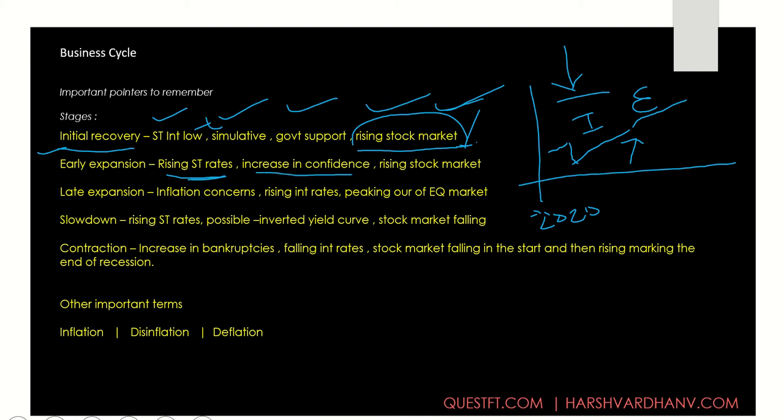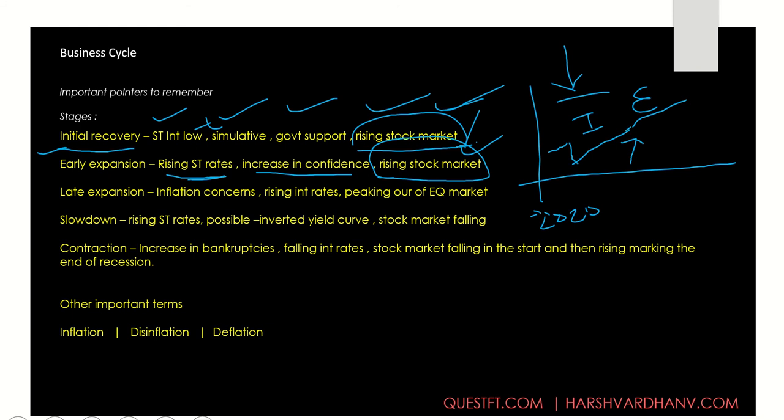Increase in confidence, yes. The manufacturing numbers, the spend by the general public, the household numbers, the real estate numbers give an indication of how much the people or the investors have confidence in the economy. And obviously this is going to be constant, the rising stock market. So we explained why the stock market is rising, right?